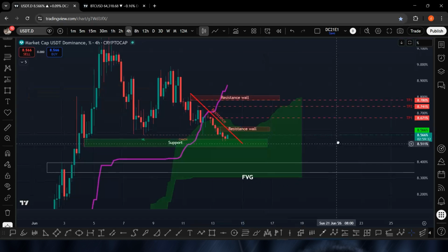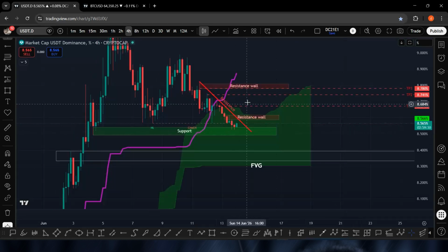But if this happens, I mean, if we're breaking the resistance trend line, breaking the resistance wall, with confirmation above the Kumo cloud, this short-term uptrend on USDT dominance will give you a short position on Bitcoin.